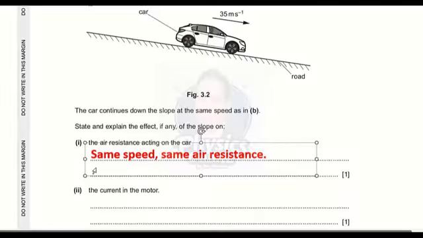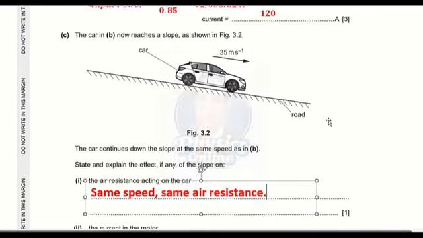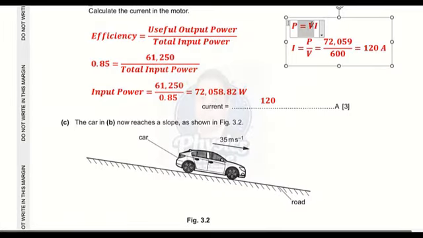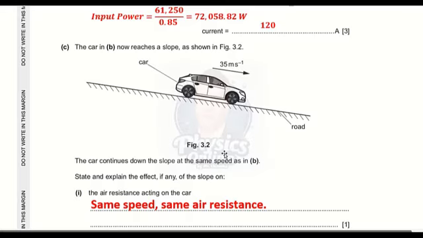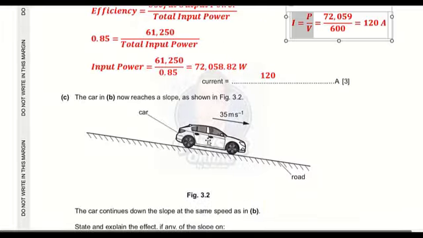The second part is the current in the motor. The current depends, of course, on the power. I equals P over V. The power needed to keep the same speed is less than the power we calculated before, because the car is on a slope going down, so the effect of gravity increases the car's speed.